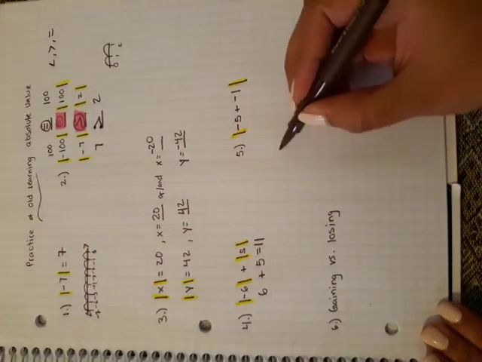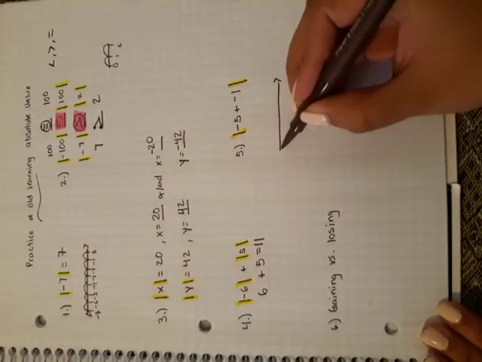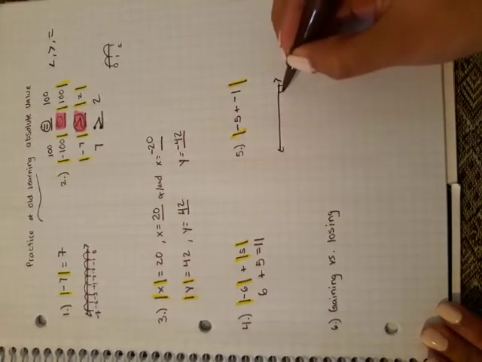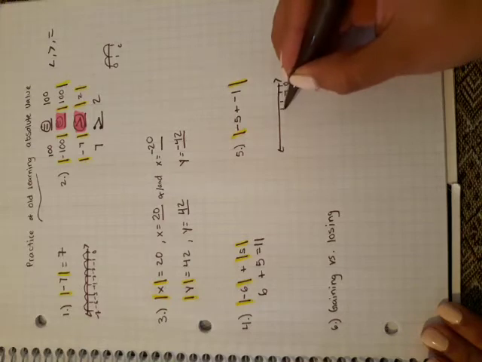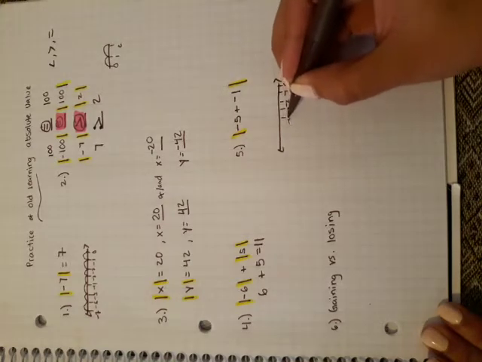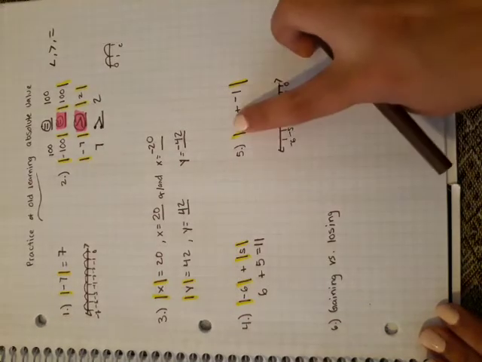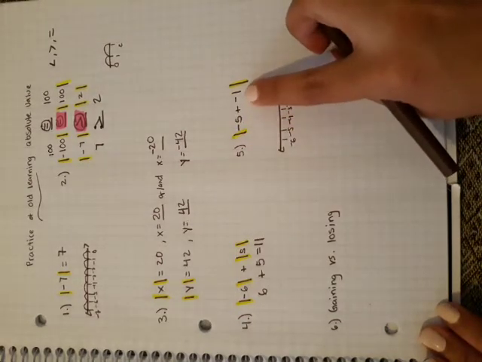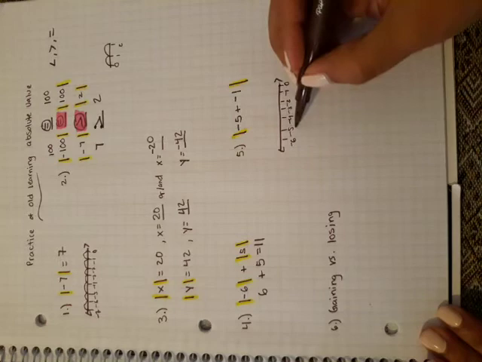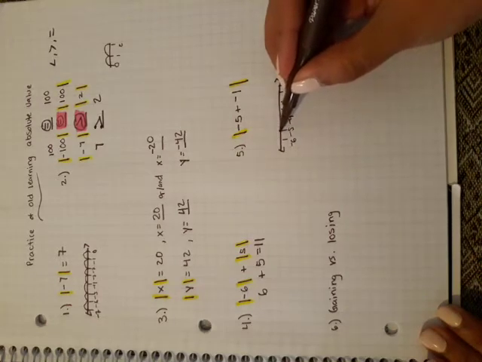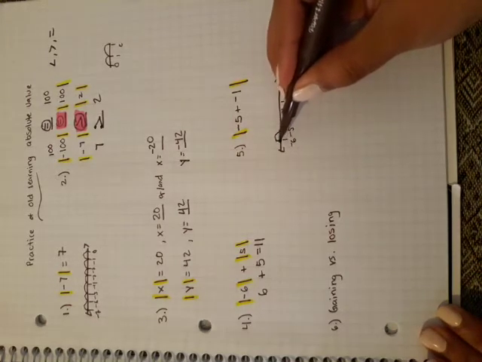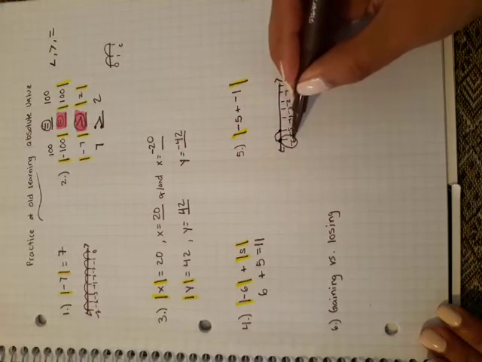So if we were to have a number line, right, have 0, -1, -2, -3, -4, -5, -6. All right, -5 plus -1. We have -5 right here, plus one more negative number. We have -6.